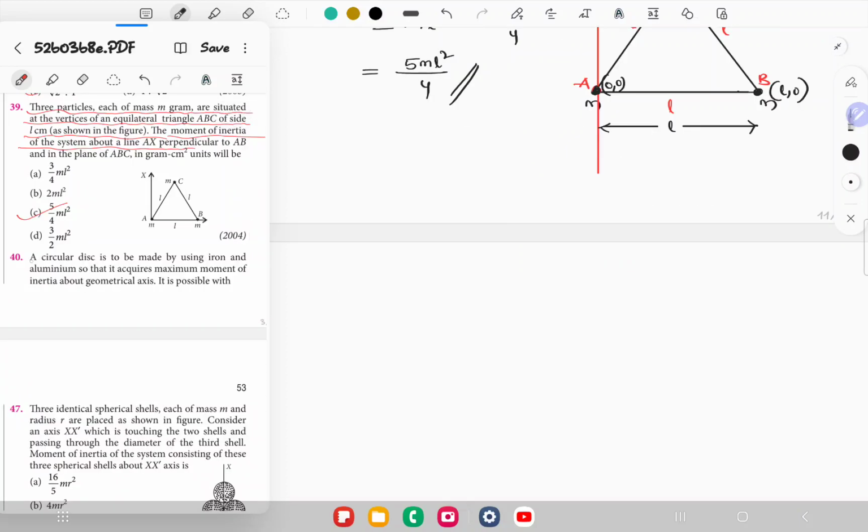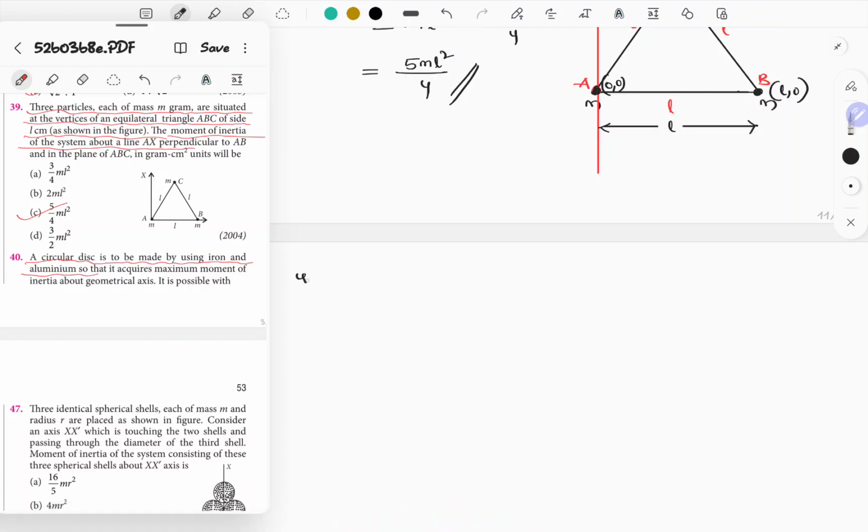Next, question number 40. A circular disc is to be made by using iron and aluminum. Try to understand: I need a circular disc with the help of two different types of material, one is iron, another one is aluminum.